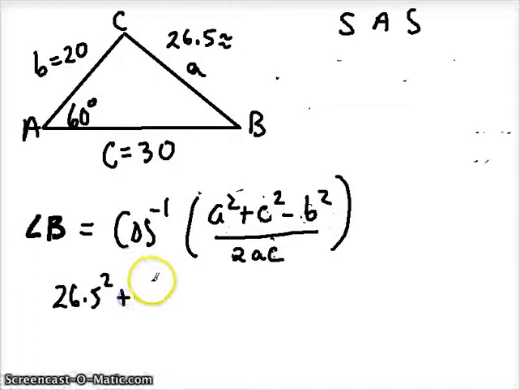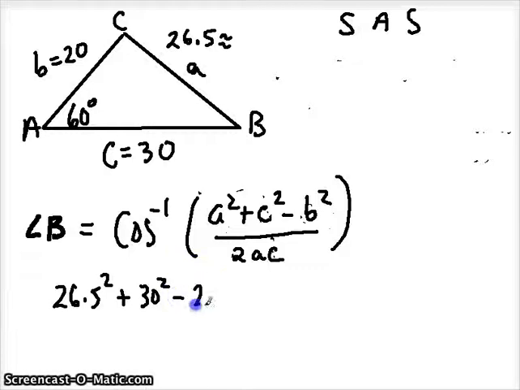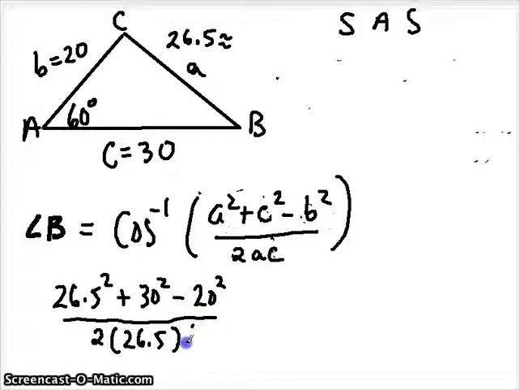And we're going to add that to c squared, which is 30 squared, and subtract 20 squared all over 2 times 26.5 times 30. So if we evaluate this and get that decimal value, and then take the inverse cosine of that, we get our angle measurement, which is approximately 40.9 degrees.